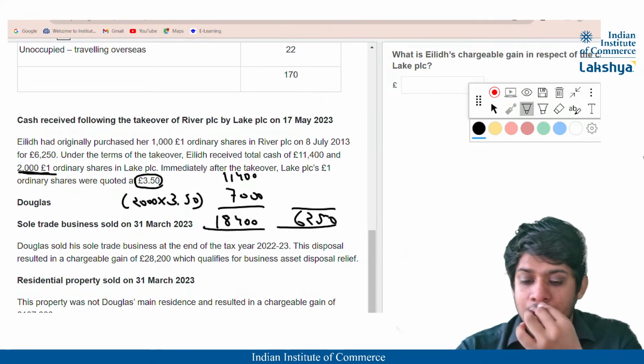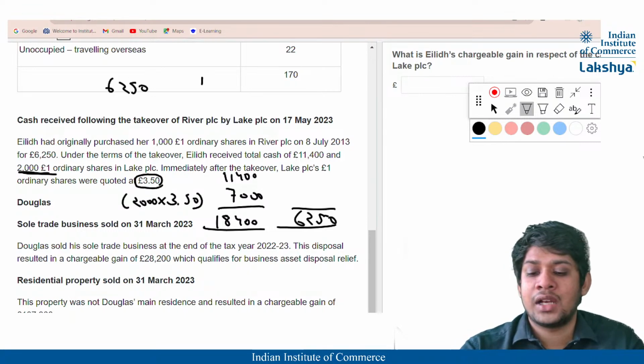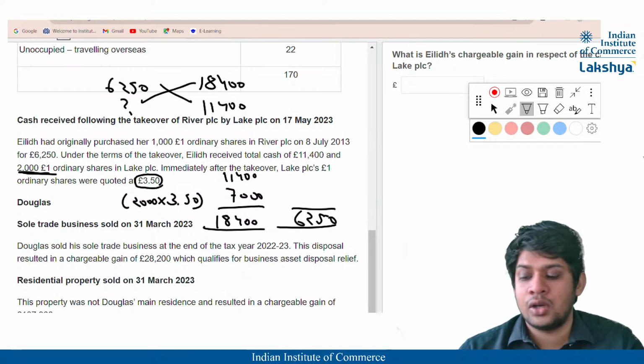Now we will just do the calculation. So for 6250 cost, the total market value is 18,400. So for 11,400 cash, what will be the cost for that? 6250 into 11,400 divided by 18,400, that will give us 3872.